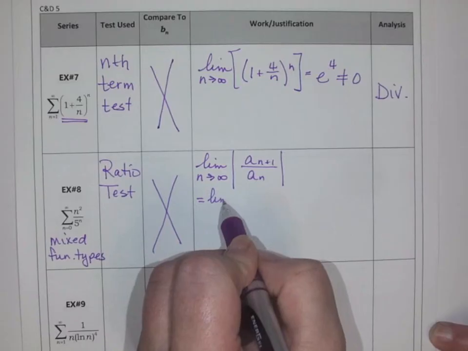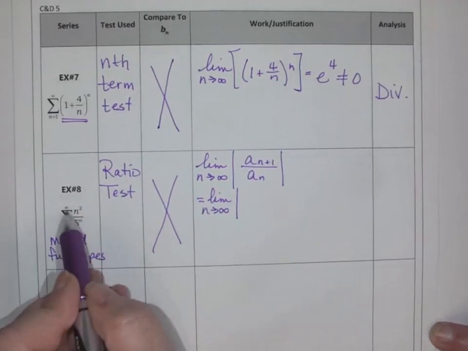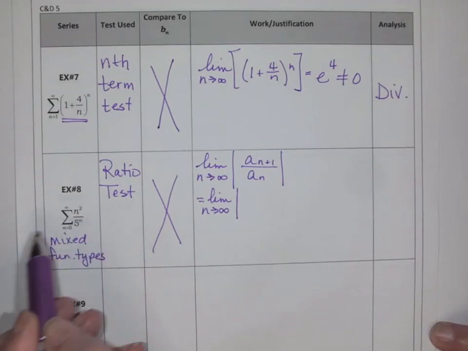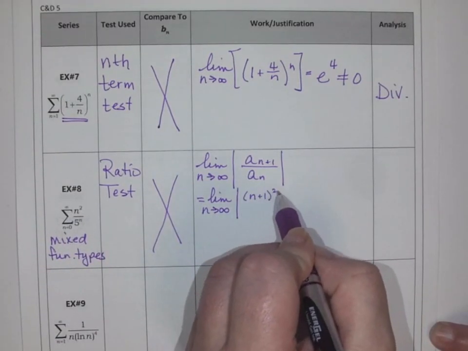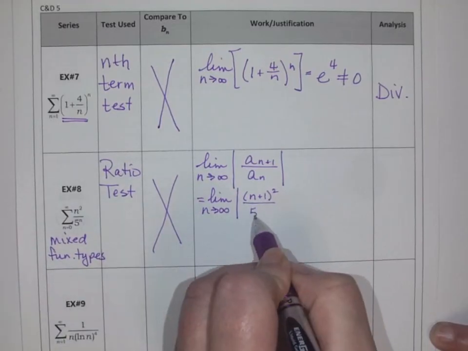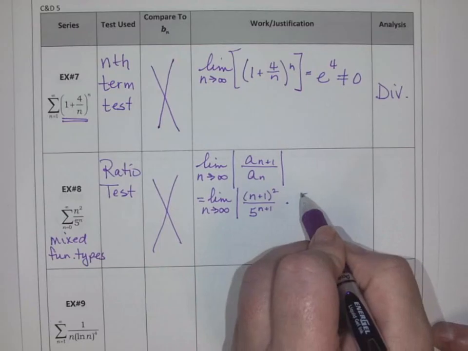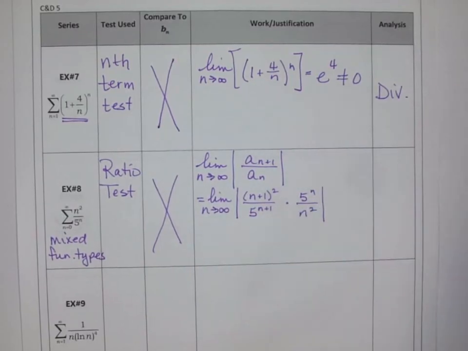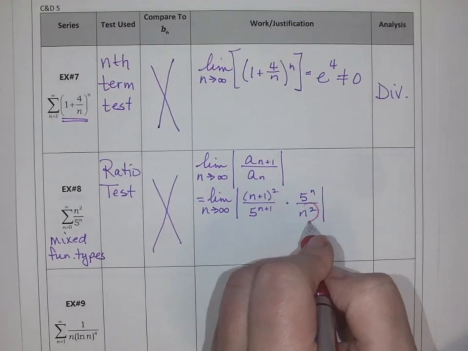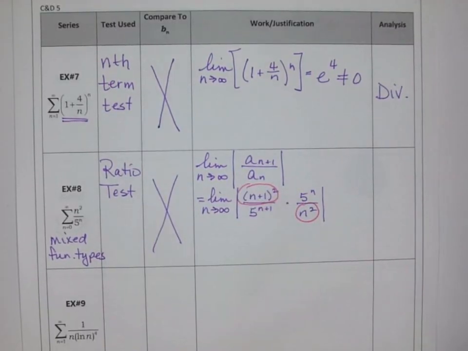So in our case, we're going to do the limit as n goes to infinity. We're going to take what we have and add 1 everywhere there's an n. So we're going to let it be n plus 1 squared over 5 to the n plus 1 times, now we flip the original, 5 to the n over n squared. Right off the bat, you are going to circle those polynomials because you cannot reduce those.